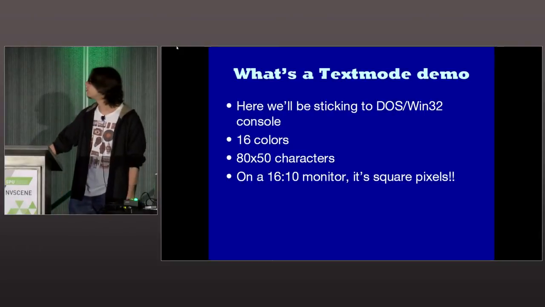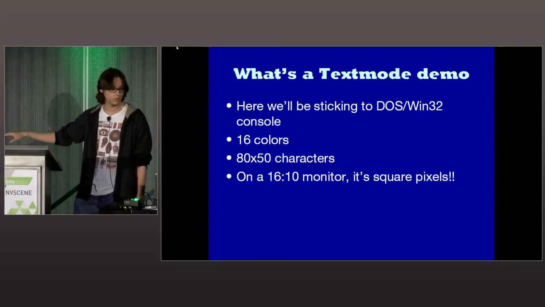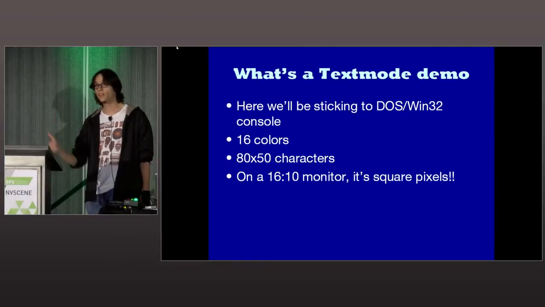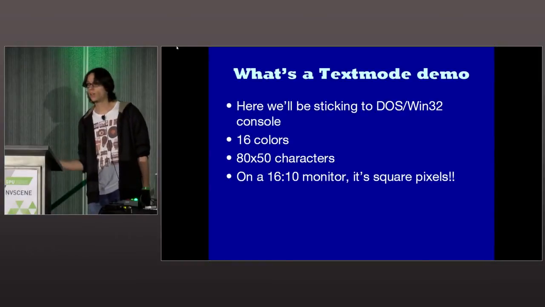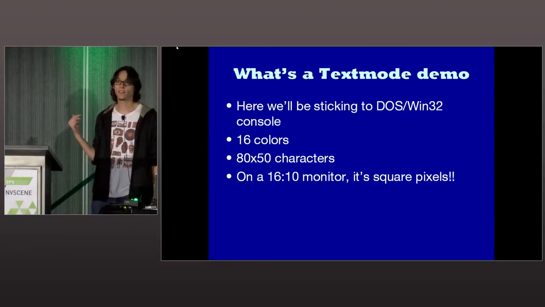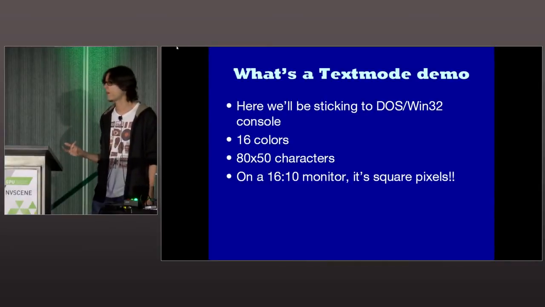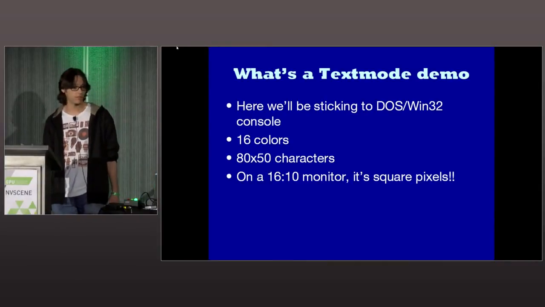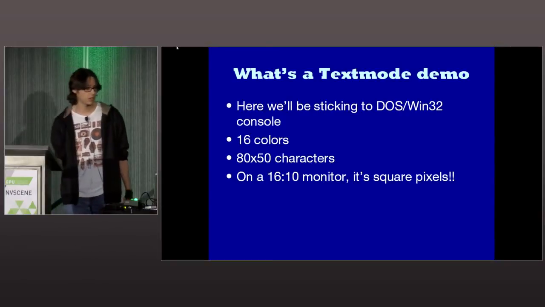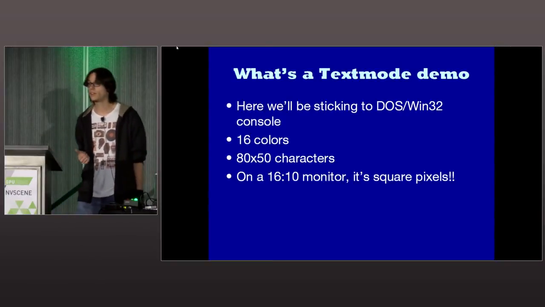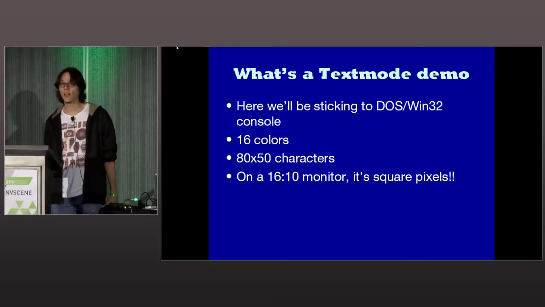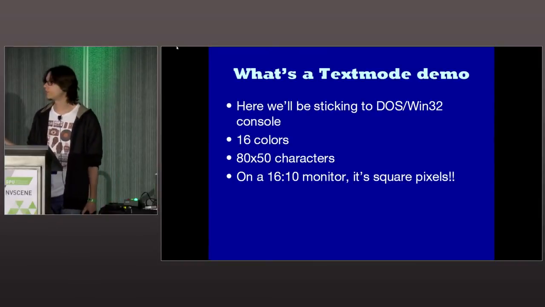We'll be sticking to the DOS or Windows console, which has 16 colors, all very ugly. It has 80 by 50 characters, so it's very, very low resolution. And what is fun is that with the advent of the popularity of widescreens, 16 by 10 monitors are kind of popular, and it's exactly the same ratio.